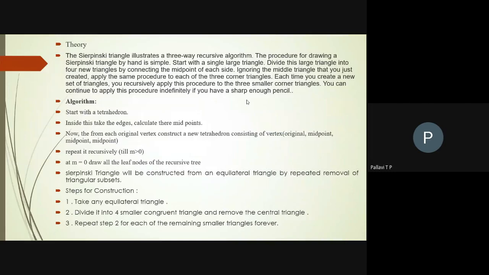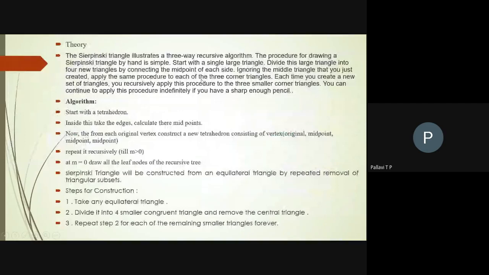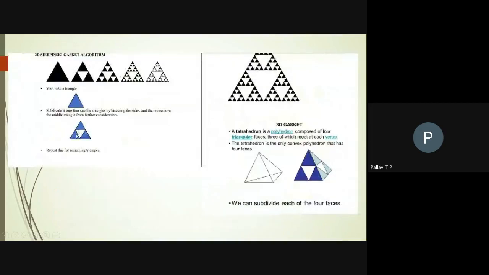After creating the four triangles, the middle white shaded triangle you can ignore, and apply the same procedure to each of the three corner triangles, colored blue.